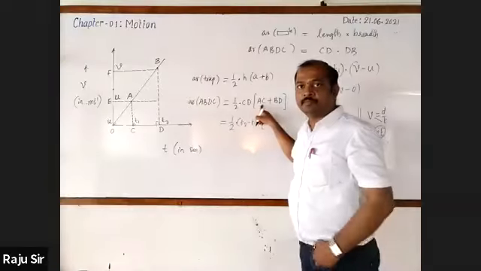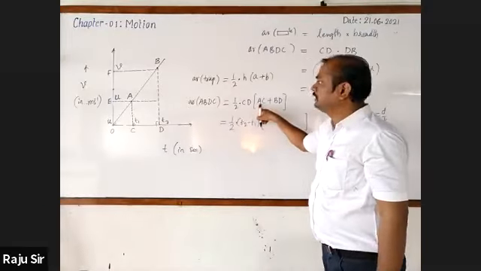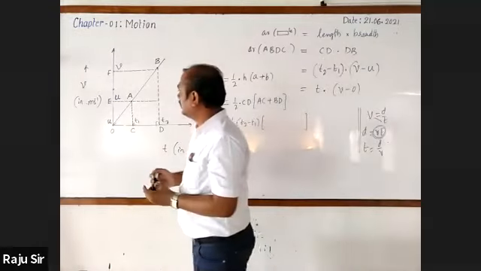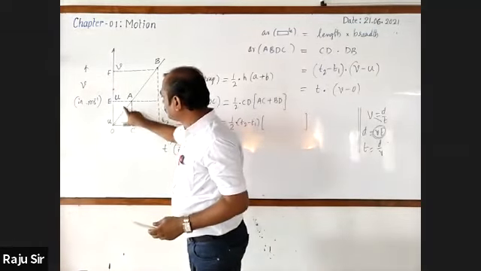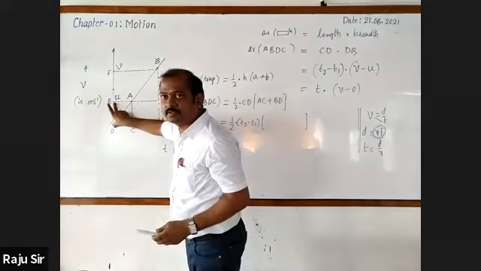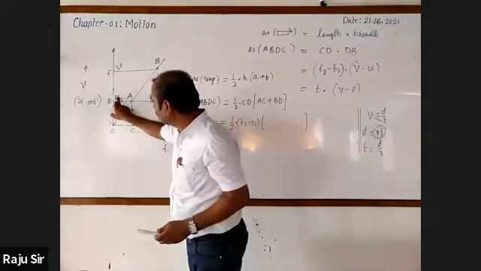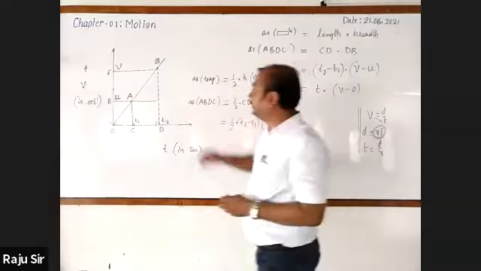V minus U is AC. Look here. AC is from A to C. What is the distance? U minus 0 is U. Just U. What about BD?